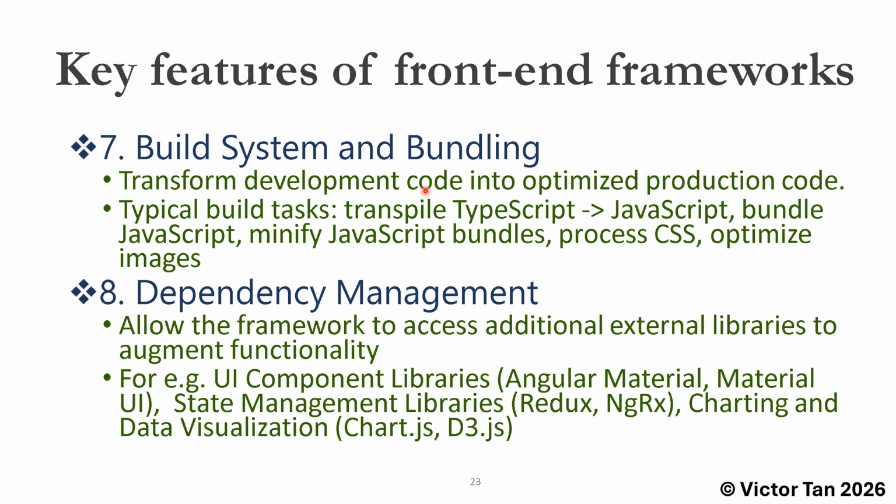But when the code is ready to run on a production server, you're going to deploy your front-end web app onto some web server for other people to download. At that point, you have to transform your development code into an optimized form for deployment and usage by your clients. This involves a variety of what we call build tasks.